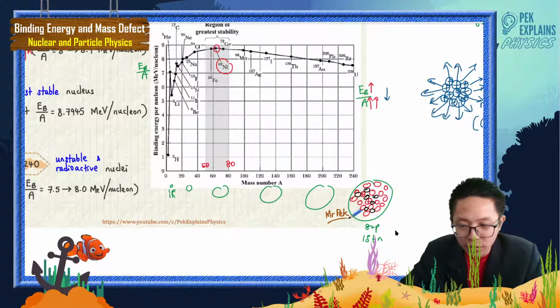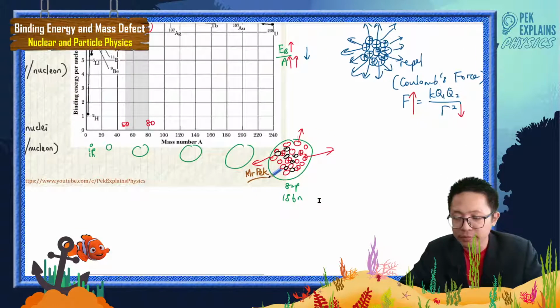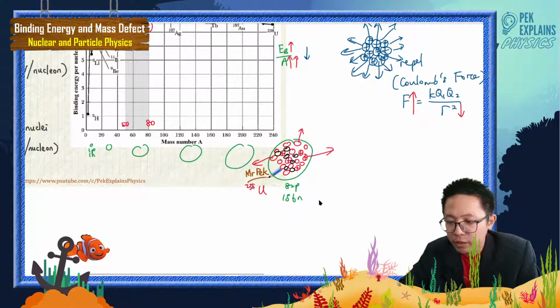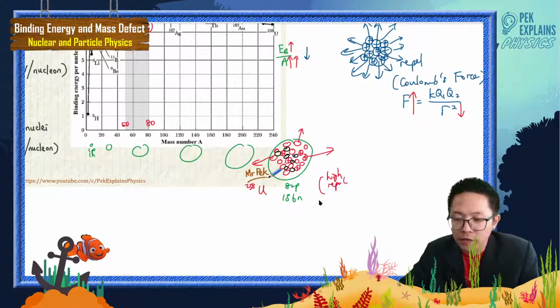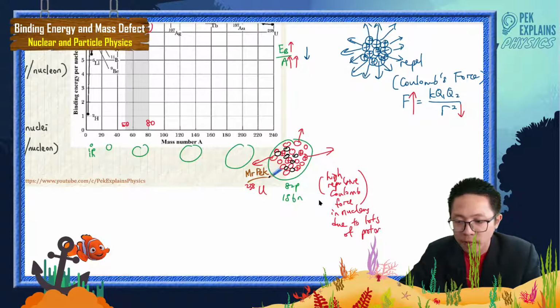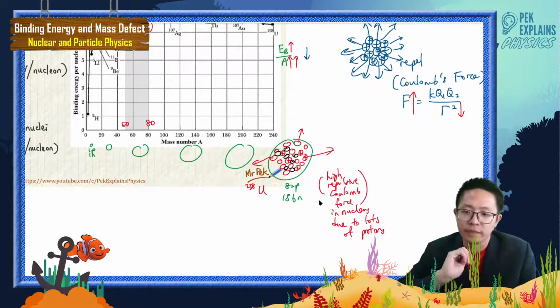If you have a big nucleus, it means there are a lot of protons repelling each other. A big nucleus like uranium-238 experiences very, very high repulsive Coulomb force in the nucleus, due to lots of protons, and these protons are very near to each other, with a very small r distance between the charges.